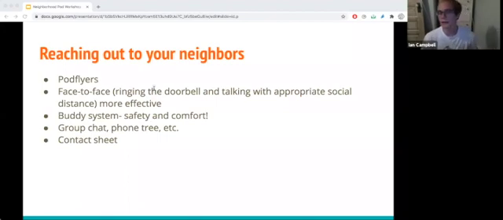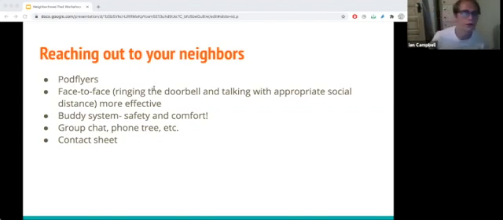That's been more effective by far than leaving flyers in mailboxes, which is actually illegal. Or you could just get a rubber band and attach it to their doorknob or something like that. But again, there's always the risk that they could just throw that away.